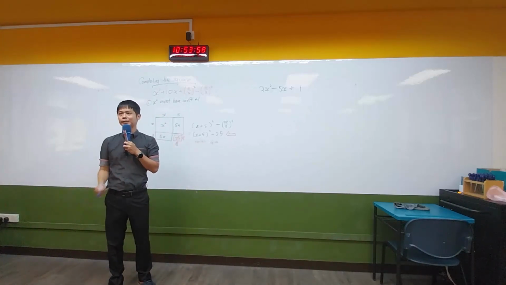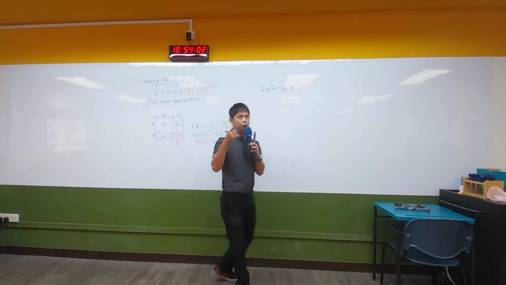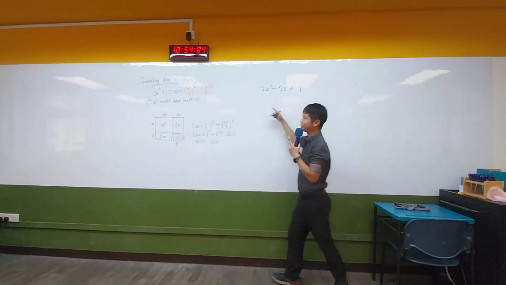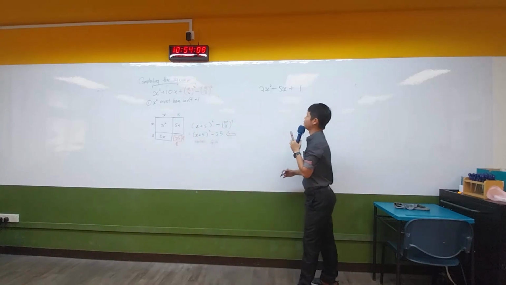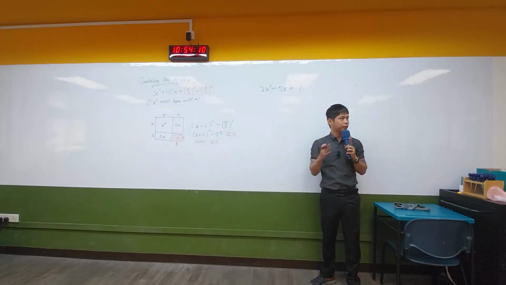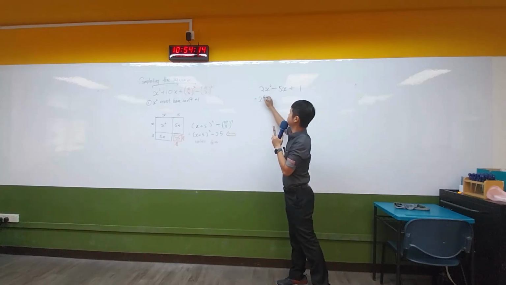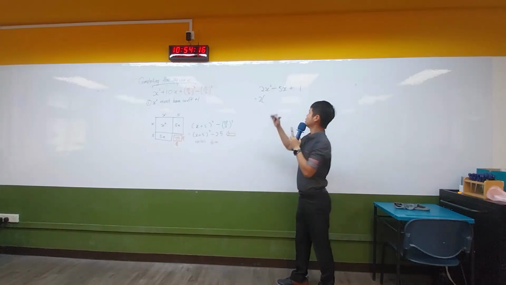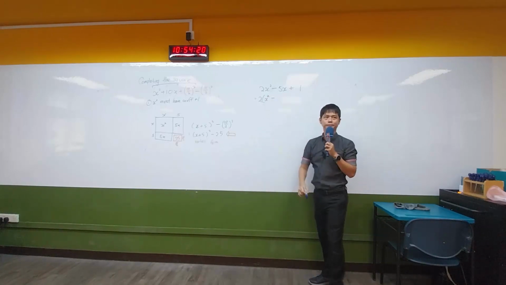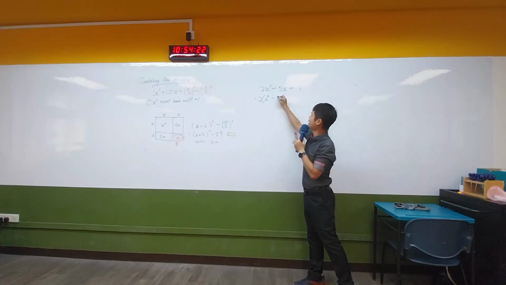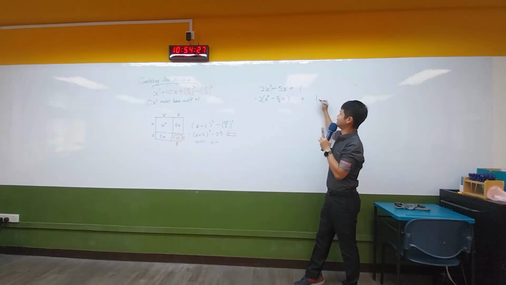Okay, first, can we start already? We will first need to divide everything by 2 because the condition was that x squared must have coefficient plus 1. So this is the A Math part you will not learn in E Math lesson later. We will have to take out the 2. So when I factorize out the 2, I will be left with x squared minus 2.5x plus 1.